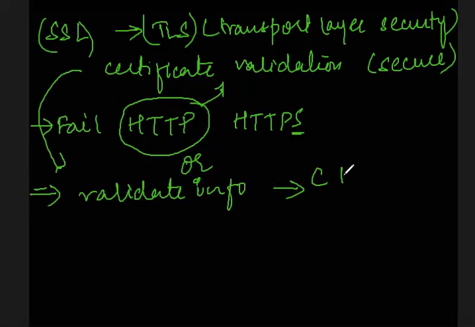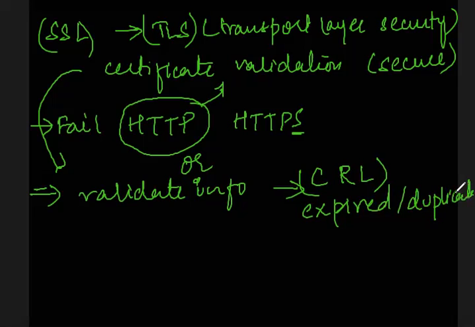This is going to be validated by the certificate authority revocation list. Within the certificate revocation list, the certificates that have expired or that were duplicated are placed within CRL. That is, those rights were revoked by the CA, that is the certificate authority, the person that is giving them.